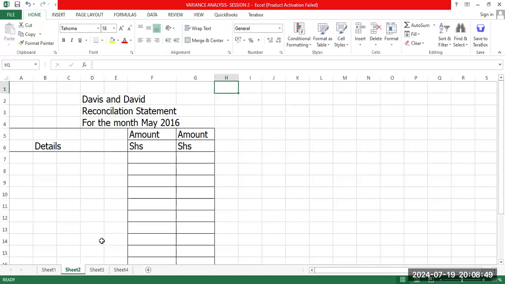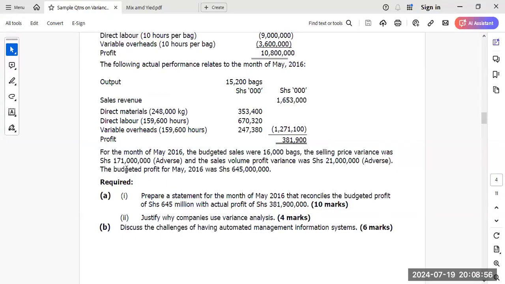You're reconciling your budgeted profit with the actual profit. So you must start with the budgeted profit, then work towards getting the actual profit. That is the meaning of reconciling here.